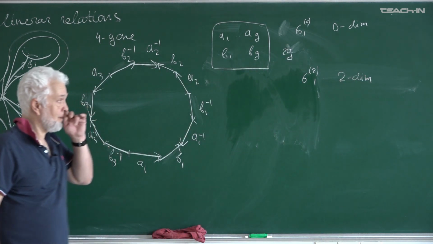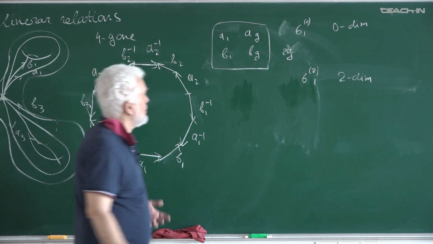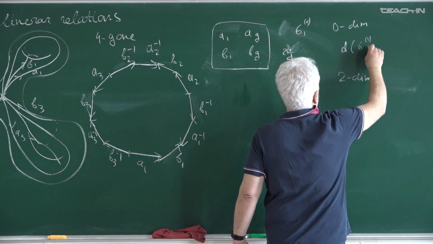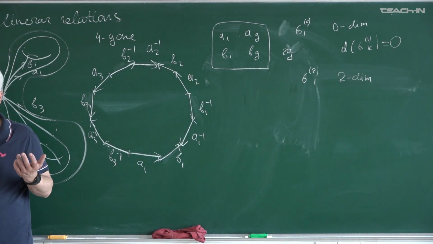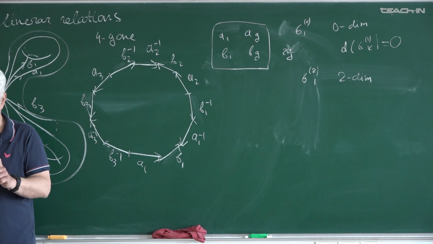Moreover, it means that we have one point, then we have 2g one-cycles, you see. And we see that the boundaries of all one-cycles are equal to 0. Because the boundary is two points, but it's the same point. Once it is counted with plus, once it is counted with minus. It's clear.